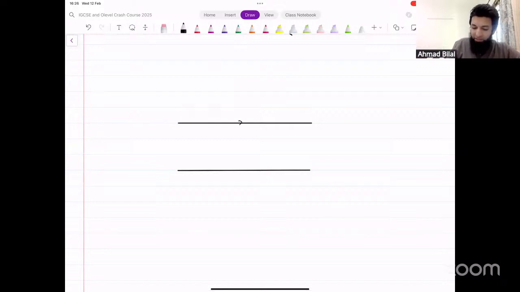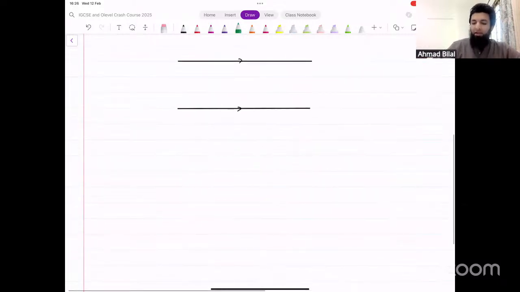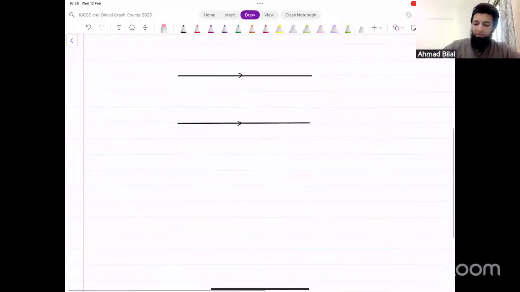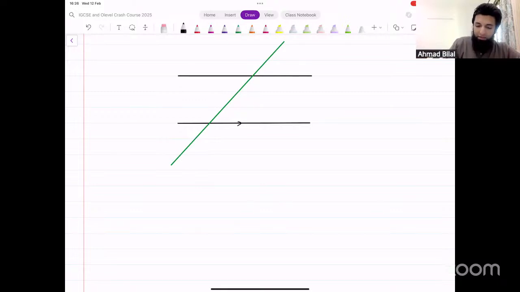If these two lines are parallel and there is another line that's intersecting both of these lines like this, then there are some properties with respect to these parallel lines that you need to be aware of that we will be using here. We'll talk about them again in another class separately as well.